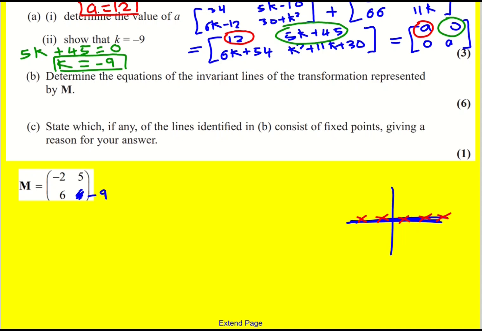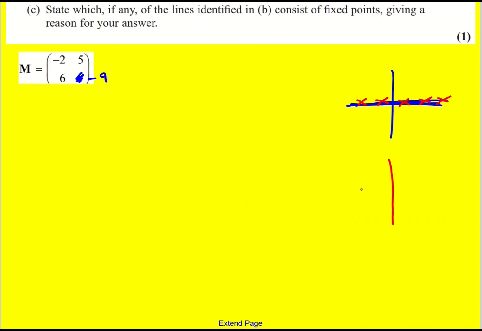Now that is different from an invariant line. So with an invariant line, it might look like this, for example. Now, every point, when you transform it, stays on the line. It could stay in the same place, but in general, it will move somewhere else, but it will still be on the line.